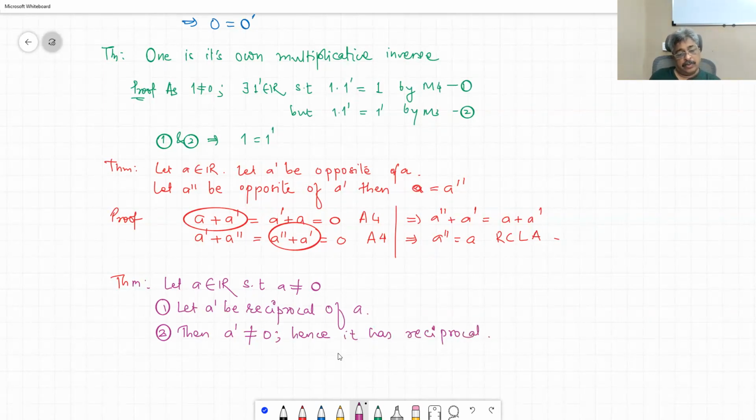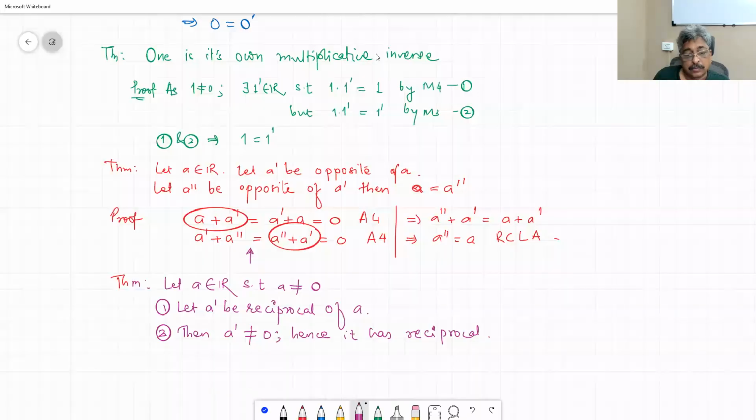Right? Because if you are going to use an argument like this, then you ensure that A is not equal to 0, but then you need to prove that A dash is also not equal to 0 because you are going to consider A dash as a multiplier. So that is why this theorem. So prove this: if A belongs to R, is not equal to 0, and has a reciprocal, then A dash is also not equal to 0.